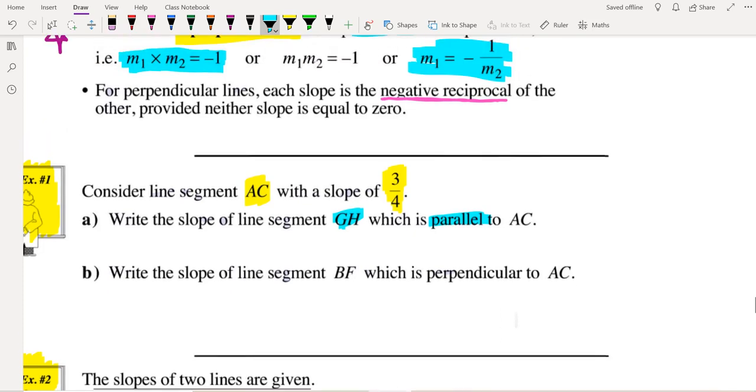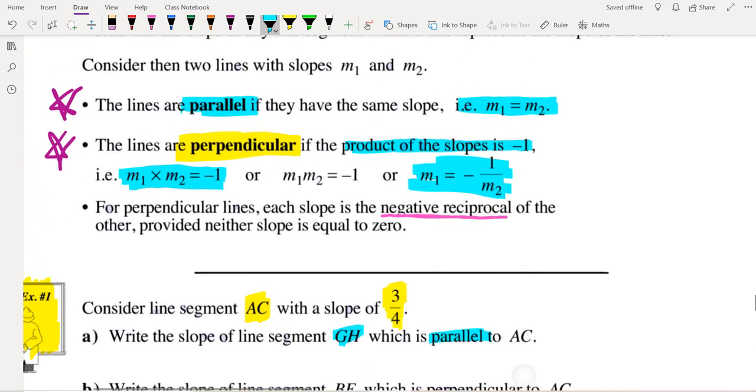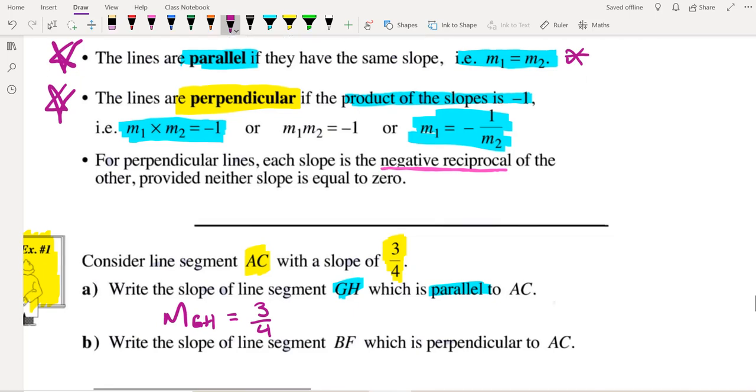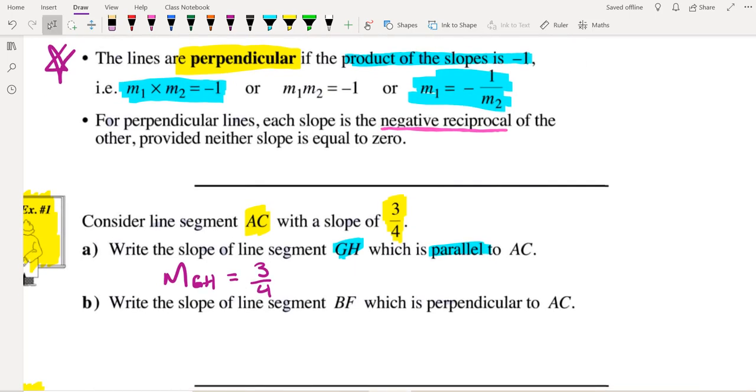If lines are parallel, they have the same slope. So the slope of GH is going to be the same as the slope of AC, so it'll be just 3/4.